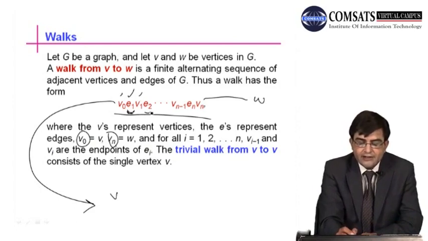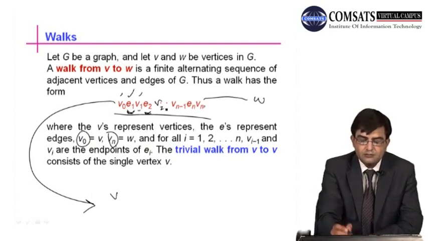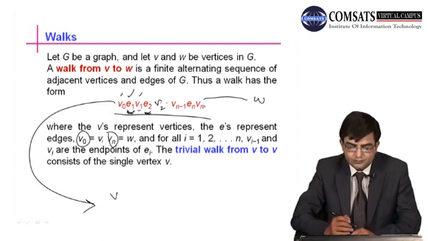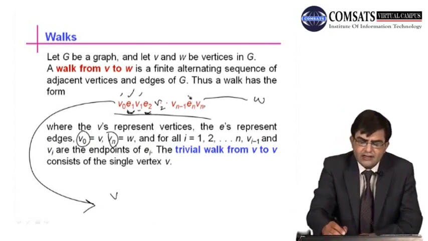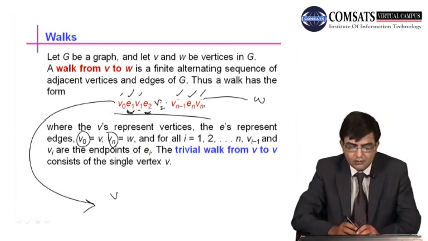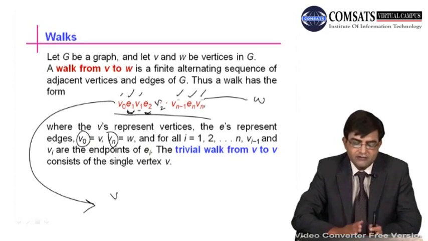Similarly, if you write e2, then its endpoints in the graph must be v1 and v2. So e2 has endpoints v1 and v2, and so on. en must have endpoints vn minus 1 and vn. So this is what you have to take care of when you try to write a walk from one vertex to some other vertex.